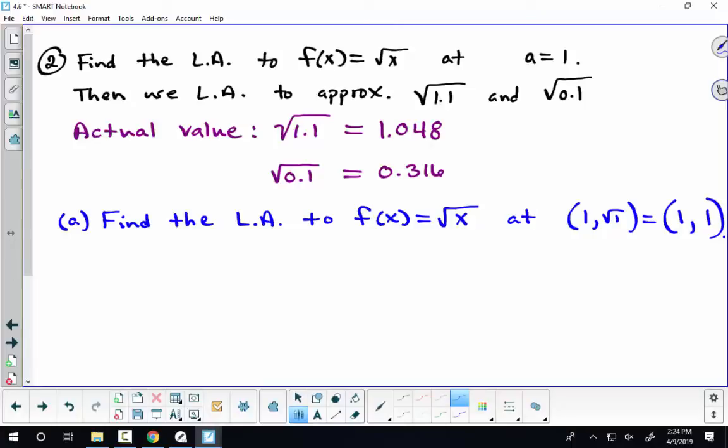You want to be careful here, because this linear approximation, L of x, is approximating the square root of x. So if you evaluate L of the square root of x, now you're doing square root of square root.